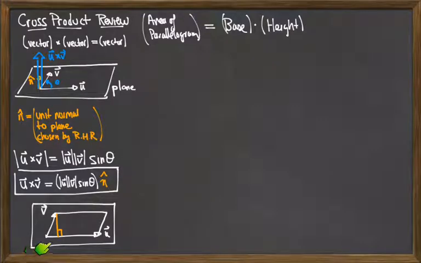The base is the length of the vector u here, but the height is this vertical height at a right angle, and to do that I need to look at the angle between them. It's the opposite side that I want, so it's going to be the sine of theta, and I've got to multiply that by the hypotenuse of this little right triangle here, which is the length of v. So the height is the length of v times sine of theta.